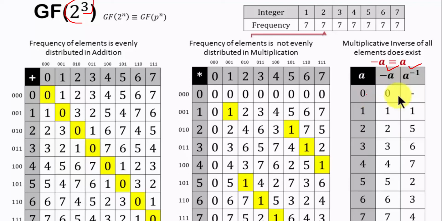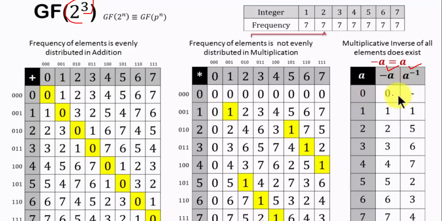So consider this case. For a number, the additive inverse is listed. If it is 0, the additive inverse is 0 itself. For 1, 1 itself. For 2, the additive inverse is 2 itself, and so on. This is not the case for the multiplication operation, and these values are derived based on this table. Adding 0 with 0, we get the result 0, that is the additive identity.